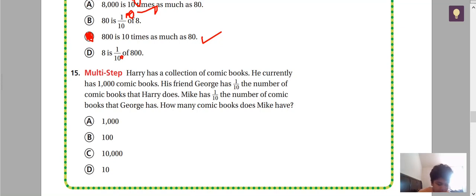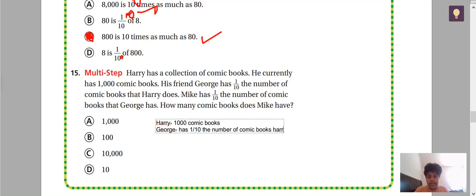Okay. So Harry, let's put his name. Harry has 1,000 comic books. And his friend George, capital G, has 1/10 the number of comic books Harry has.